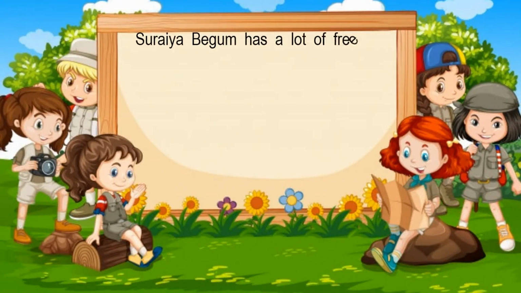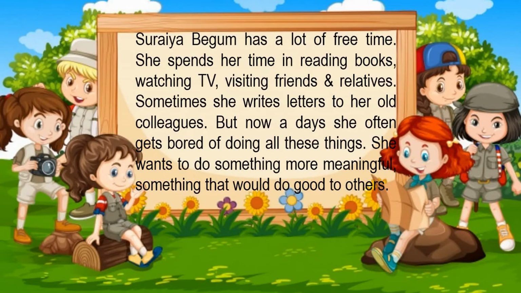Suraya Begum has a lot of free time. She spends her time reading books, watching TV, visiting friends and relatives. Sometimes she writes letters to her old colleagues, but nowadays she often gets bored of doing all these things.